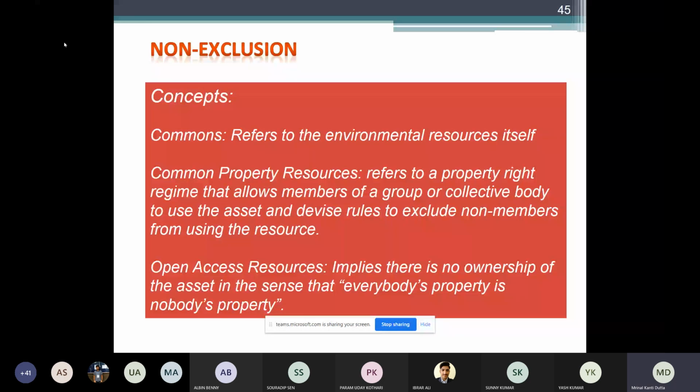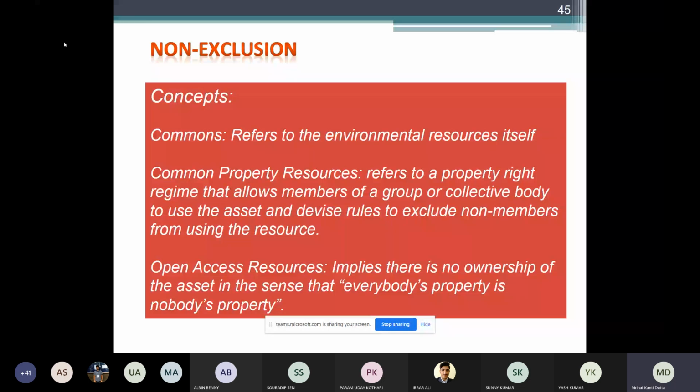And there are ample examples of this nature in the case of degradation of natural resources, in the case of grazing land, in the case of wetland, and so many other things. In the case of environmental resources, particularly renewable resources, although we know that renewable resources regenerate over a period of time, at the same time they should have a basic minimum amount of resources available so that they can regenerate.